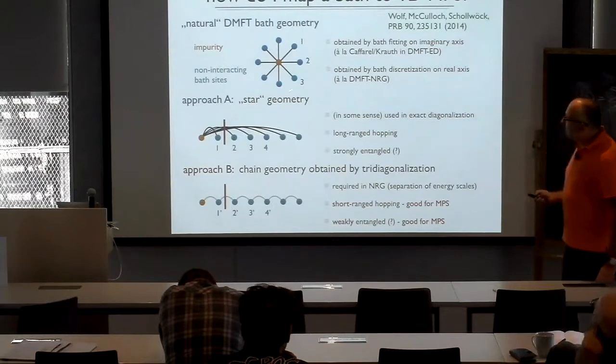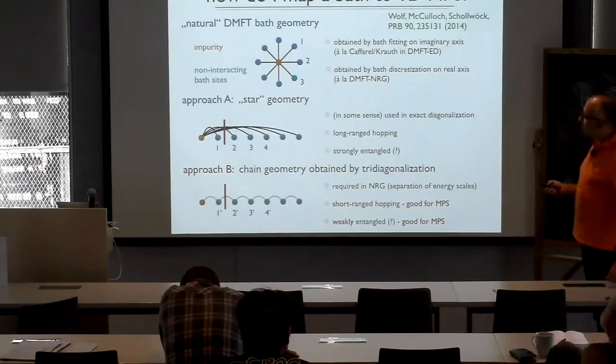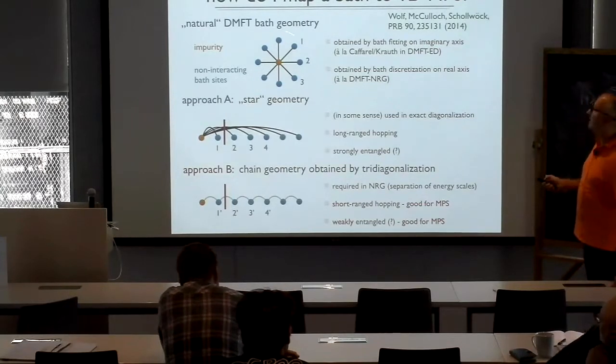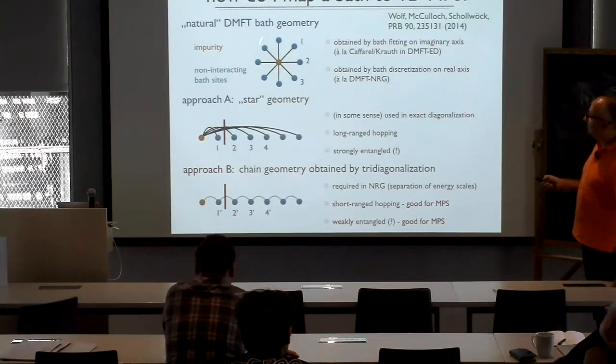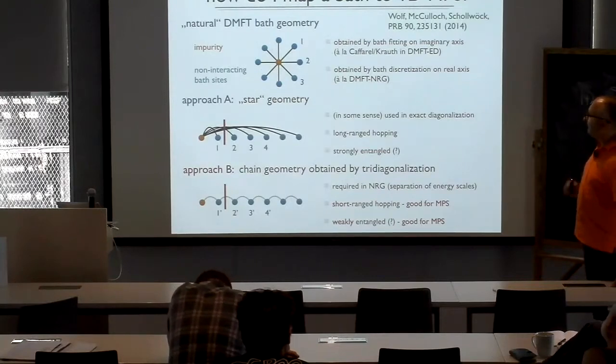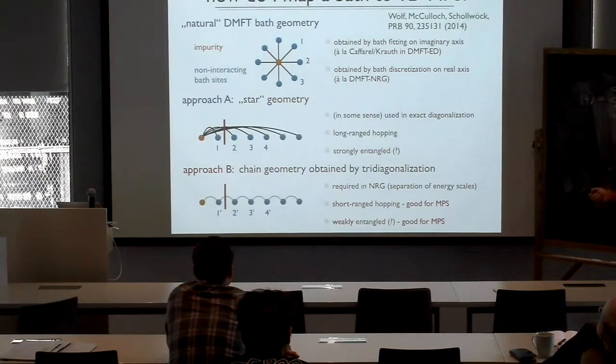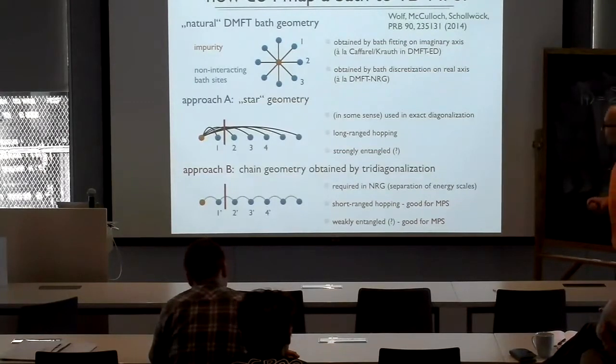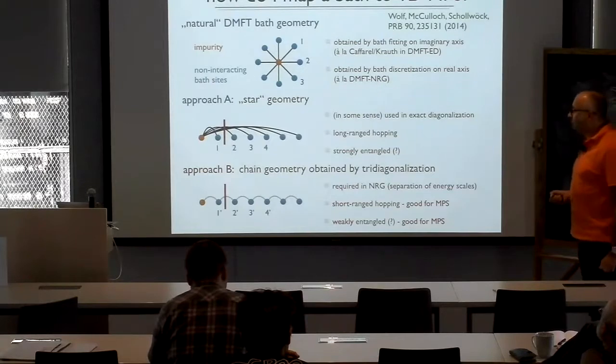As you all know, that's the natural setup you would expect. The impurity, and then you have the non-interacting bath sites around it. You get this both in ED when you do a bath fitting a la Caffarel-Krauth, or if you do the bath discretization on the real axis, like NRG does it, or our DMFT DMRG approach did it.